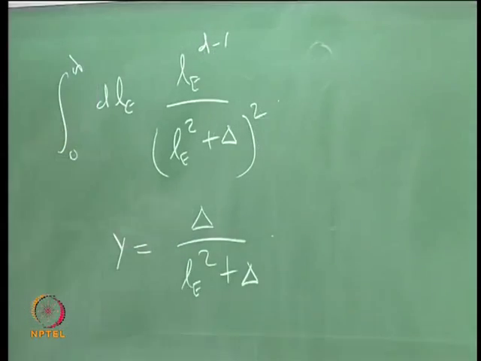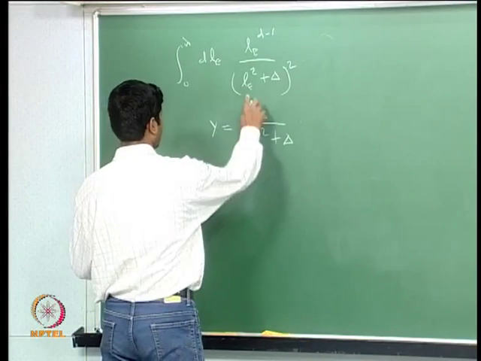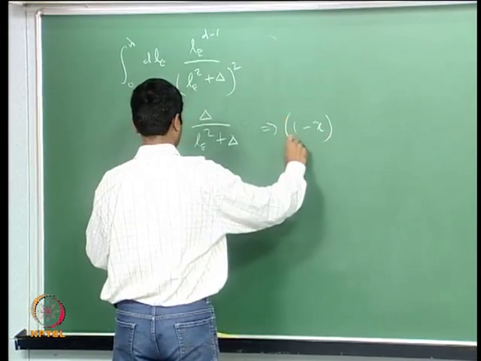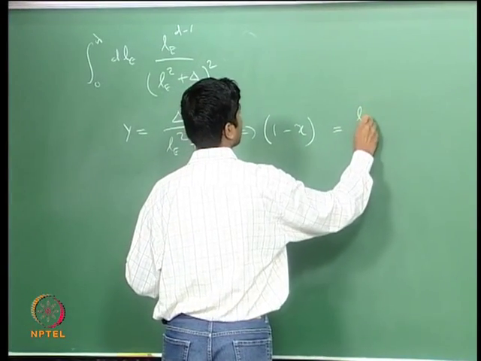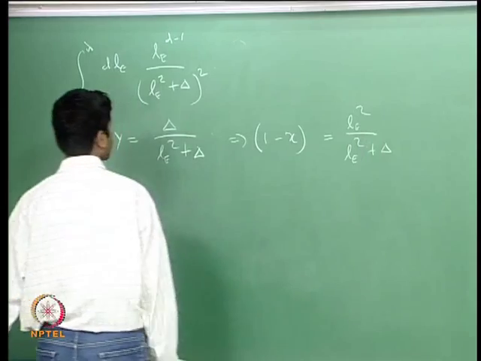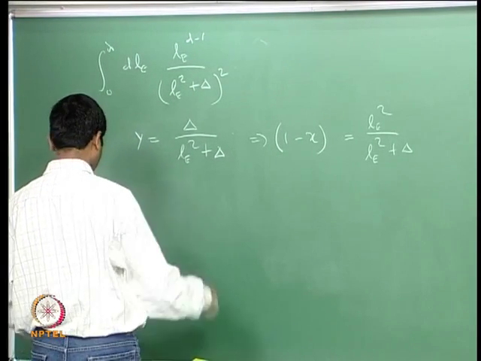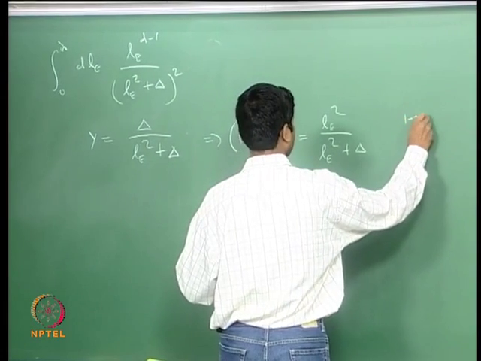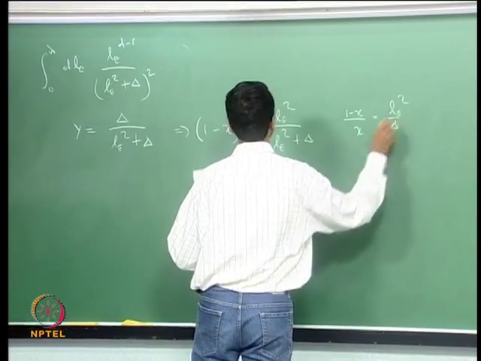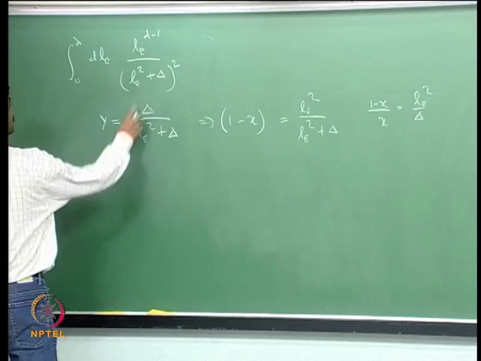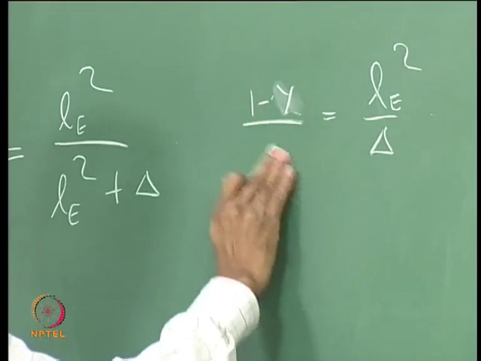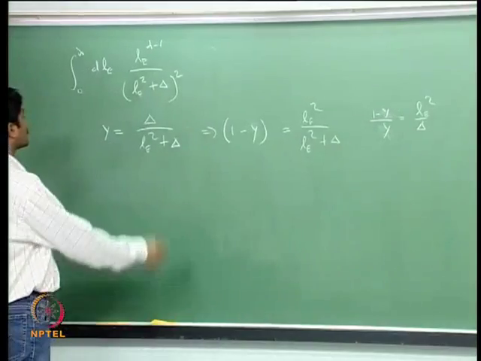Then 1 minus y is nothing but l_E square divided by l_E square plus delta, and when I take the ratio, (1 minus y) divided by y, that is l_E square divided by delta.